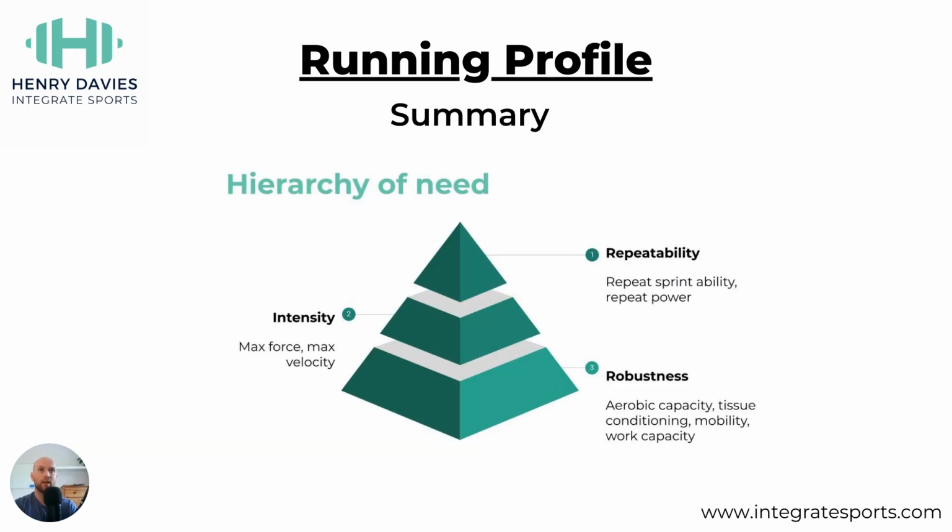Finally, in this last slide, what we're looking at is a summary of how I philosophically put this all together in my mind, which is that initially, the bottom rung of the ladder, if you like, in this pyramid, we need to focus on robustness. From a conditioning standpoint, that means focusing on our aerobic capacity, our work capacity, just being able to sustain work.